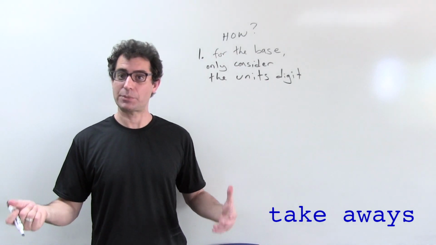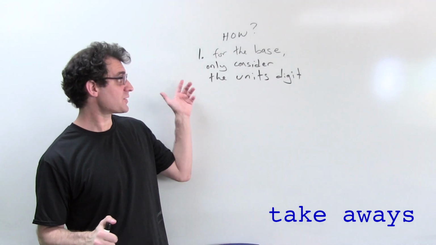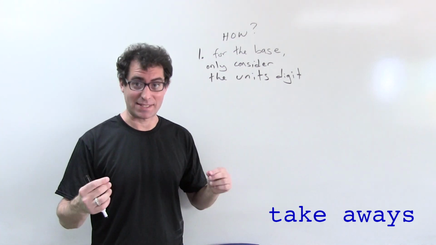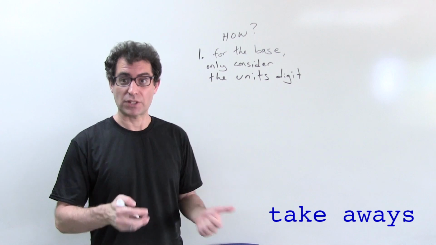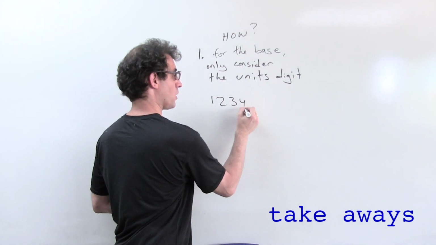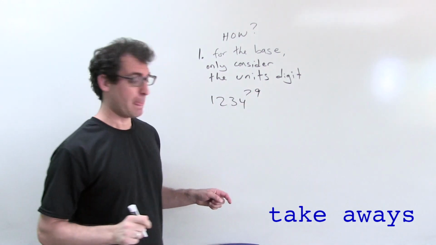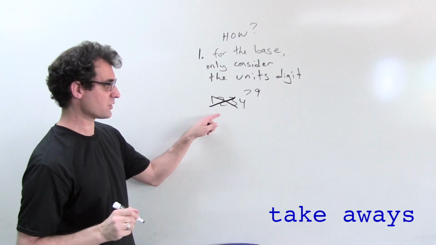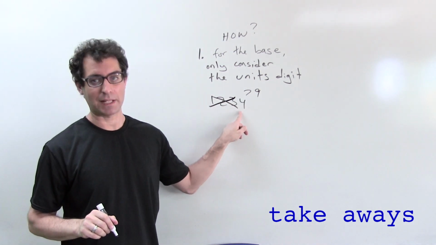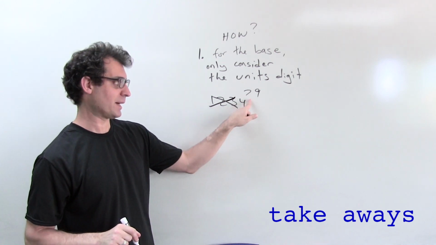How do we do these problems? Well, the first step is for the base, you only consider the units digit. For example, 1234 to the 79. We're going to cross off the tens, the hundreds, and the thousands place. We only care about that 4, and we care about the entire exponent.